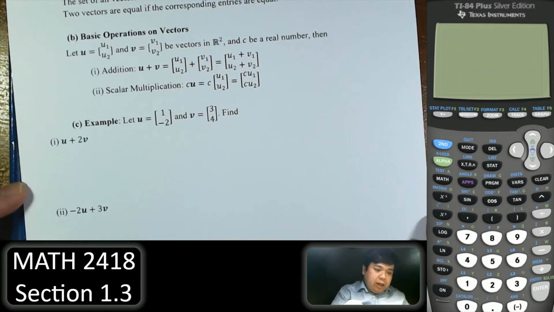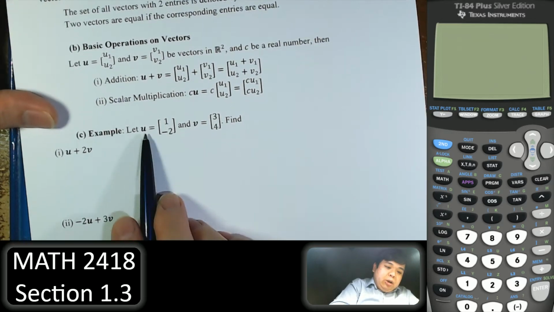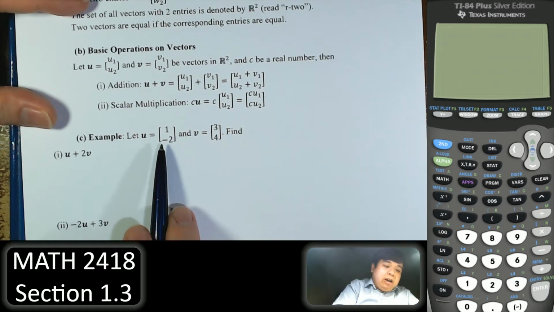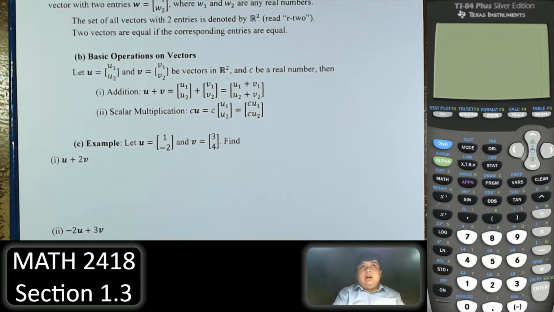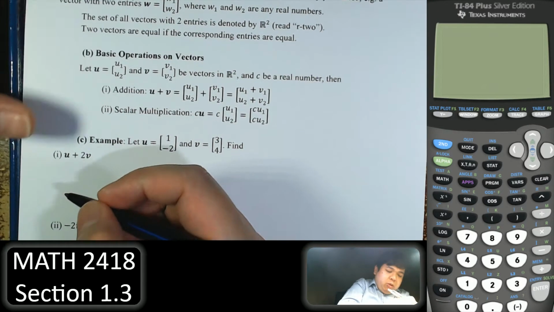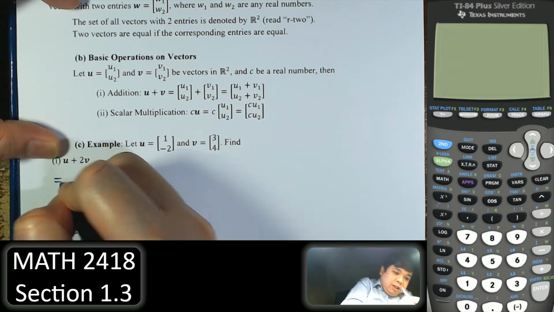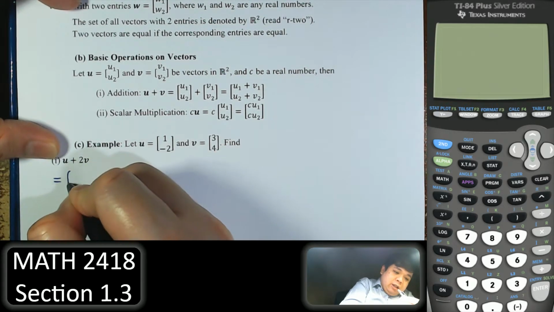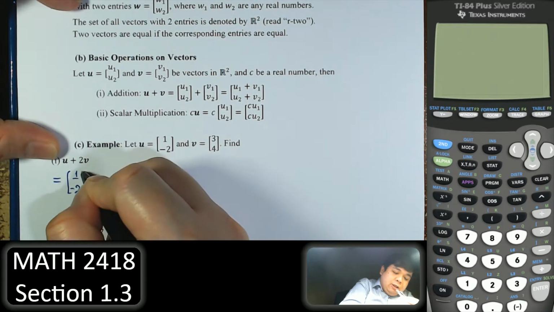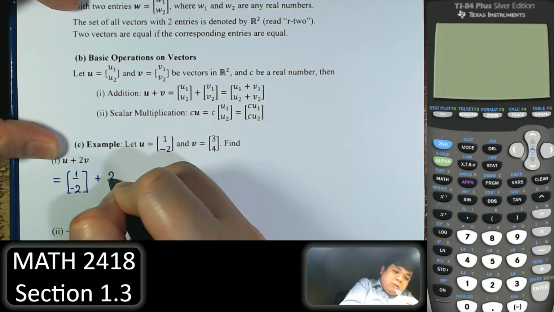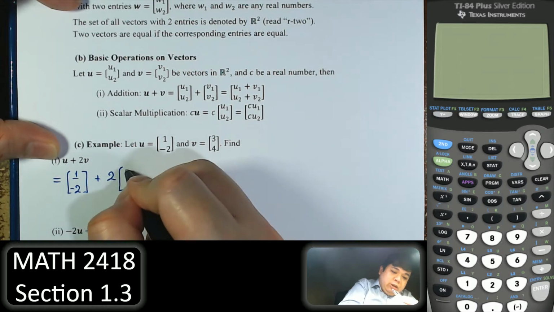Right. Now let u equal the vector of 1 and negative 2, and v the vector of 3 and 4. Find u plus 2v. So this is pretty straightforward. Vector u is 1 and negative 2, plus 2 times vector v, 3 and 4.